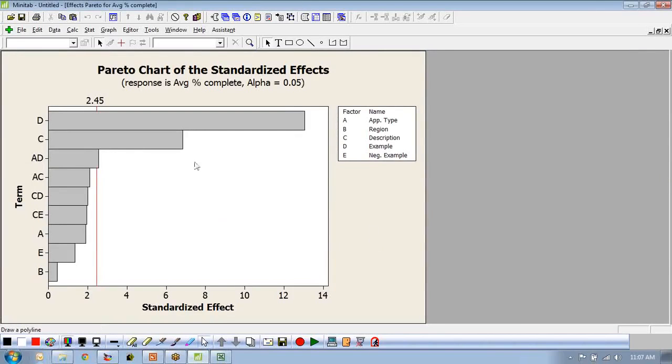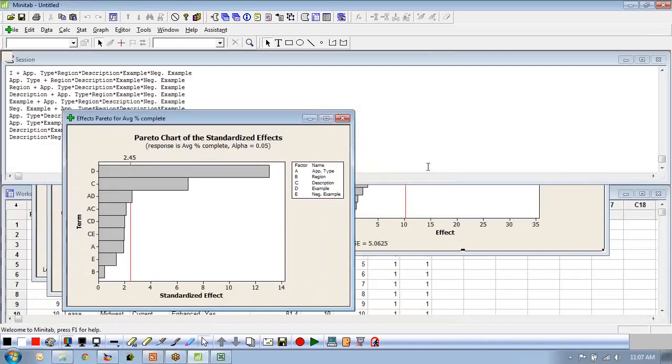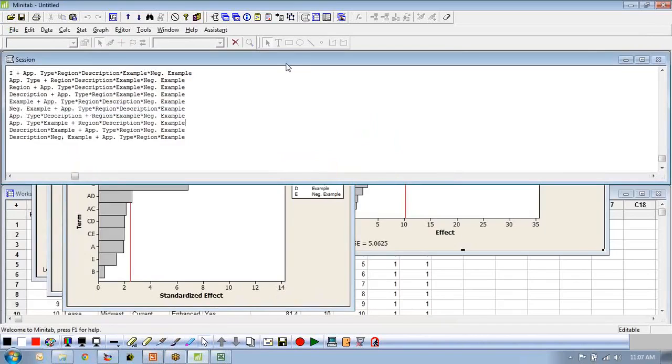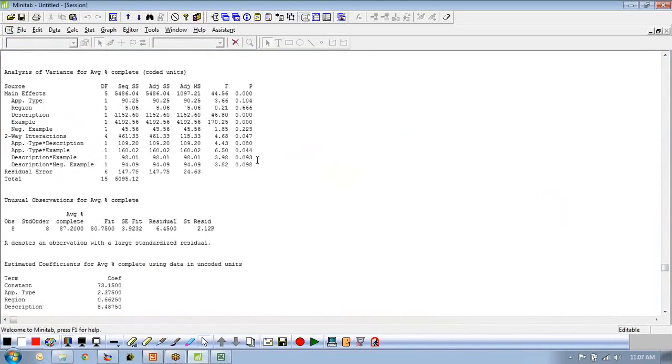And in my model, I'm going to keep D, C, and AD for starters. So to say that these three are the key things that I need to keep in my model. Okay? So if I look at the p-values, you'll see where the p-values are now. See, there you go. Here are the ones that are just under 1, but here are the ones that are really significant.